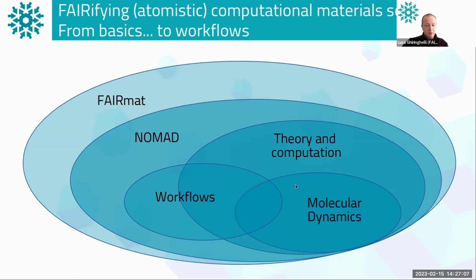Actually, today we will be focusing on molecular dynamics, part of Turing computation. And then I put workflows intersecting the different subsets, because today you will see essentially workflows for molecular dynamics, but this is an overall enterprise encompassing whole Turing computation, but also the whole NOMAD infrastructure.